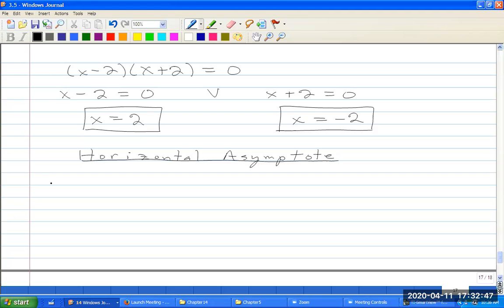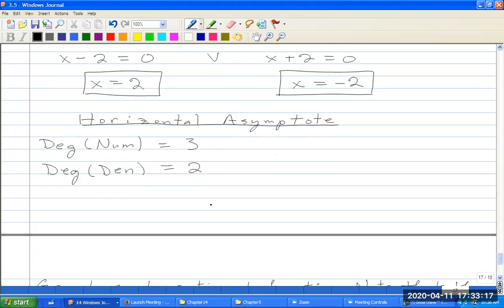Well, my function: the degree of my numerator is 3, and the degree of my denominator is 2.